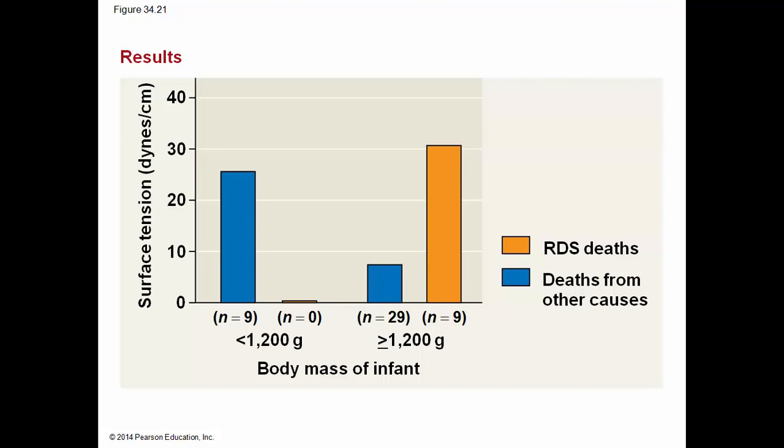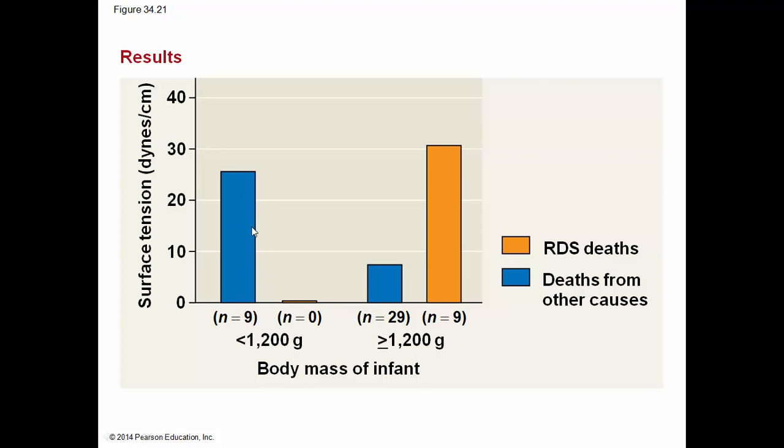Okay, so this is one of your figure 34.21, your inquiry, and it basically shows babies born under 1,200 grams and babies born over 1,200 grams. On the right, they're preemies, and on the left, they're normal-sized babies.